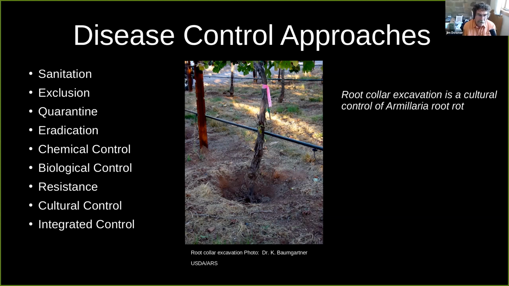So we know that certain diseases are coming toward us, like laurel wilt coming across the southern United States toward California. And we're trying to keep it out of California by not having people bring firewood into California or move the insect pest which distributes that pathogen. So exclusion is a big one.